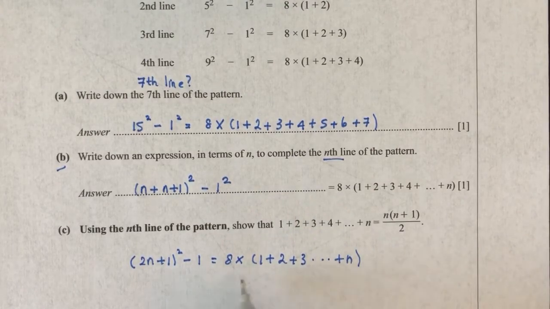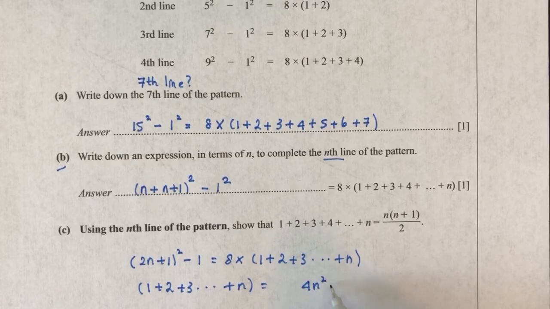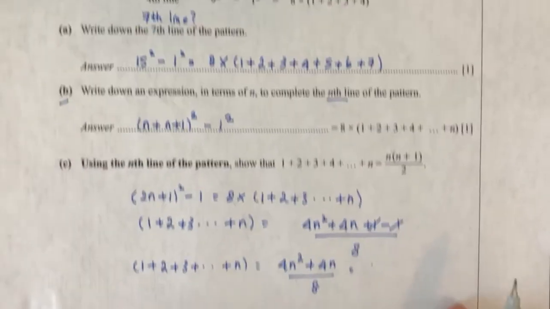We have to make this the subject of formula, so let's leave it alone, and we have to expand this side, which is 4n squared plus 4n plus 1 minus 1 divided by 8. This one goes away, so now we have 1 plus 2 plus 3 plus n equal to 4n squared plus 4n divided by 8. If you factorize 4 out, we have what?